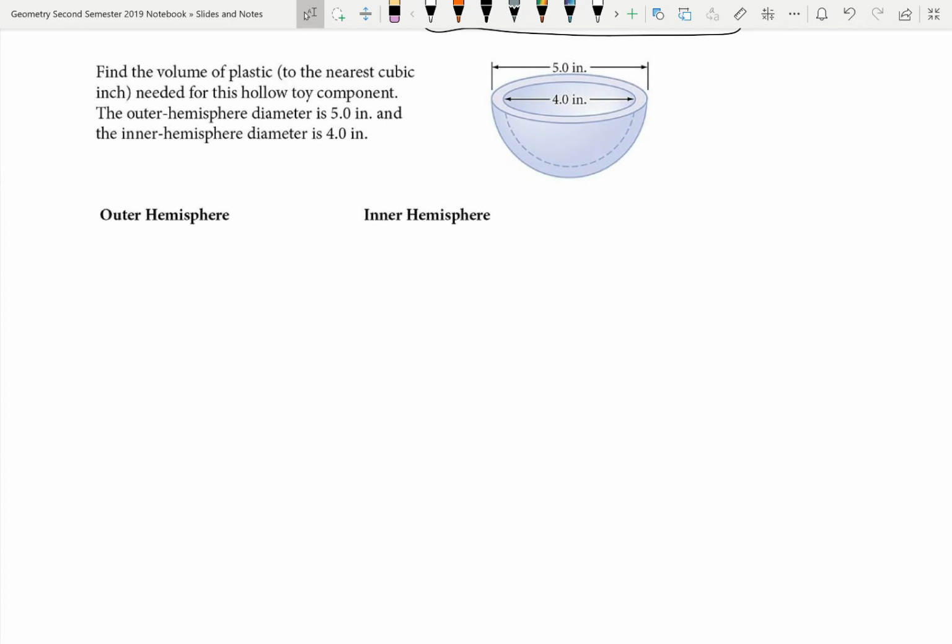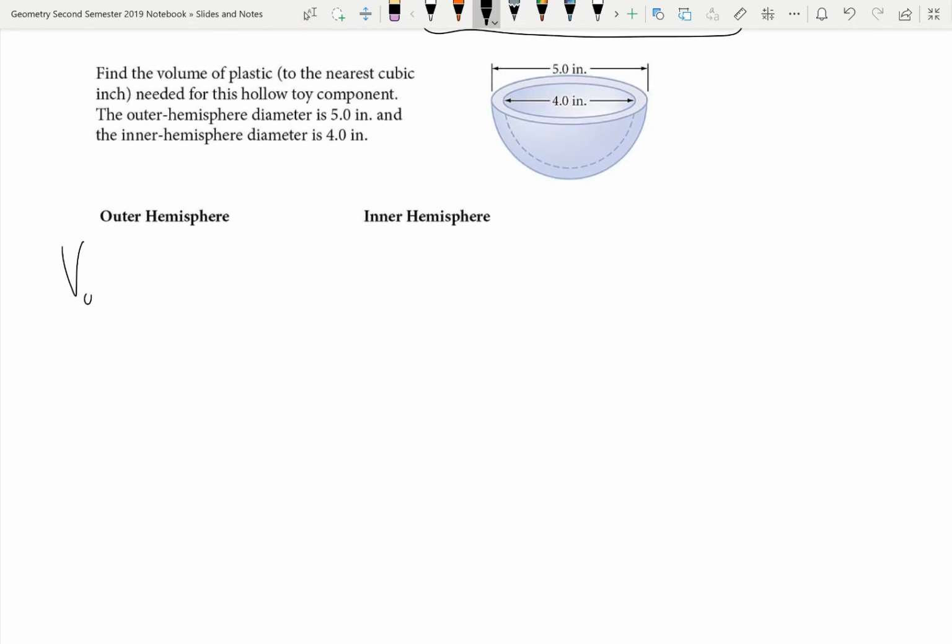Next problem, find the volume of plastic to the nearest cubic inch needed for this hollow toy component. The outer hemisphere diameter is 5 inches and the inner hemisphere diameter is 4 inches. So what we're going to do is find the volume of the outer and the volume of the inner and subtract them.